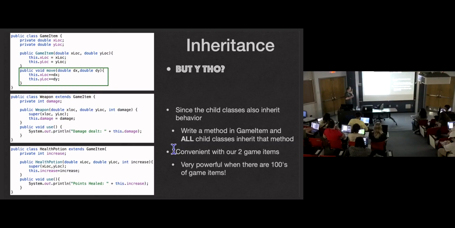You said something about game item being extended from another object that isn't on this slide. Yes. At the end of lecture, I have a few slides about that. There's a class that if you don't explicitly extend anything, you extend the object class. The abbreviated version is that's where we get toString and equals. It's from that object class.